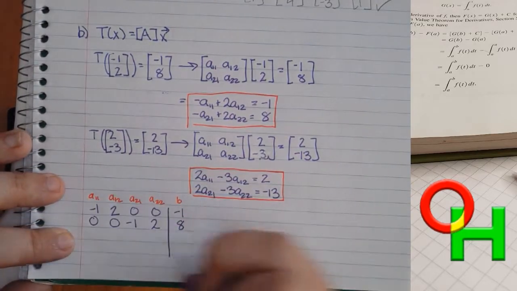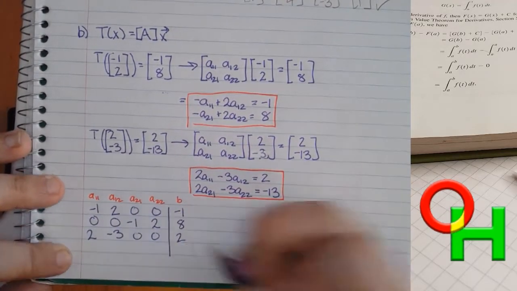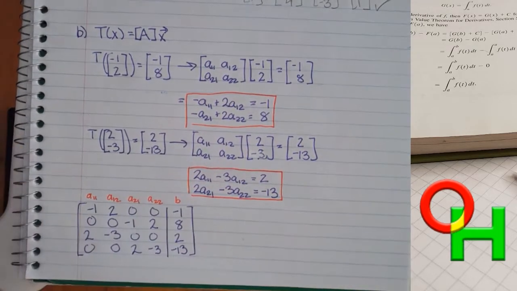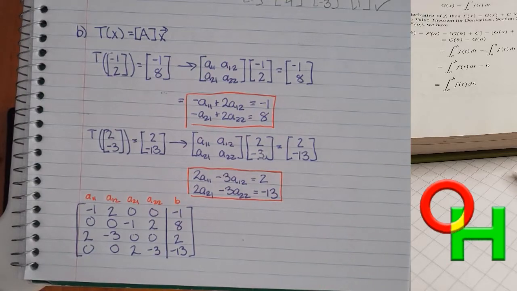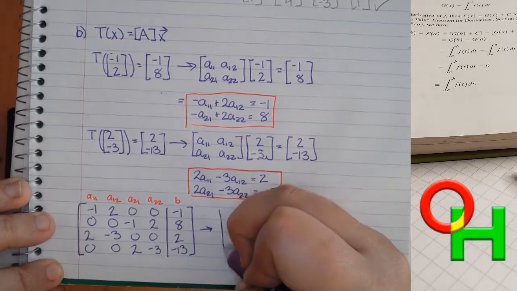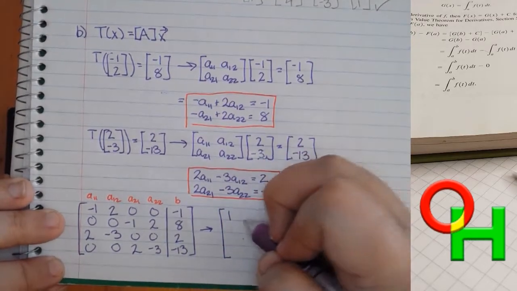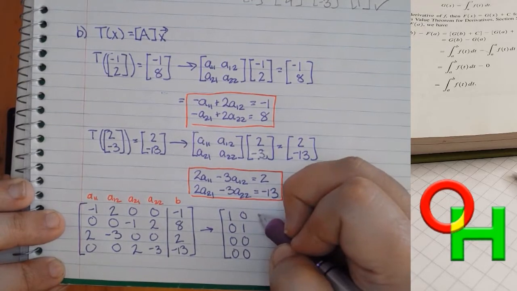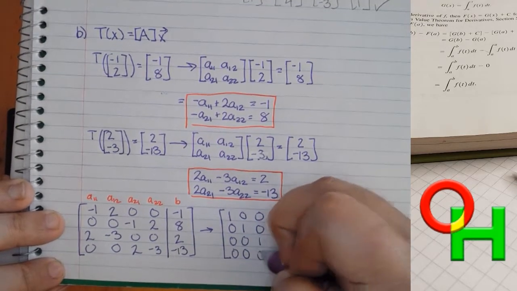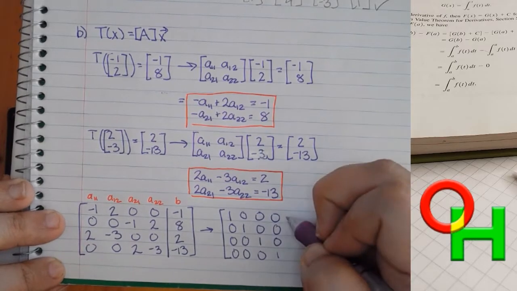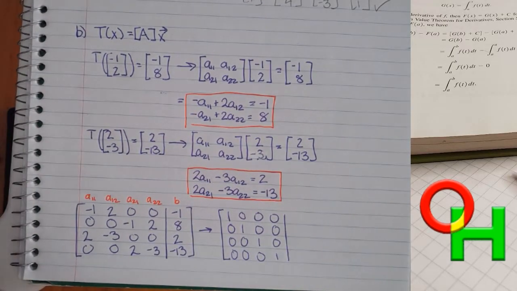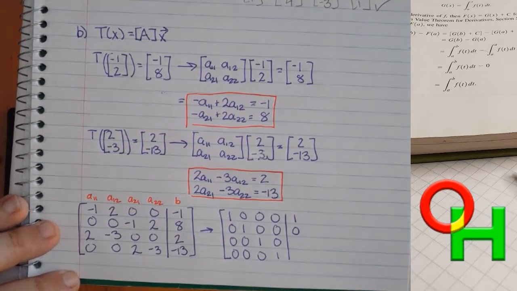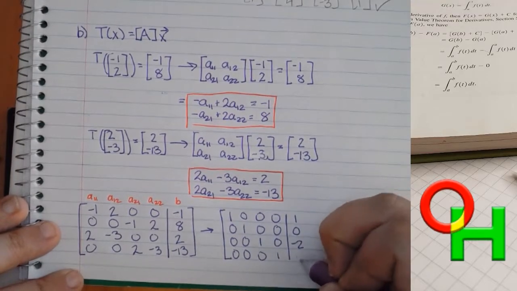I'm going to go straight to the augmented matrix. And again, we can plug this into Octave and get the reduced row echelon form. The reason we want reduced row echelon form is that it gives us our solution set. Because we have 4 equations for 4 unknowns, we should get one unique solution.